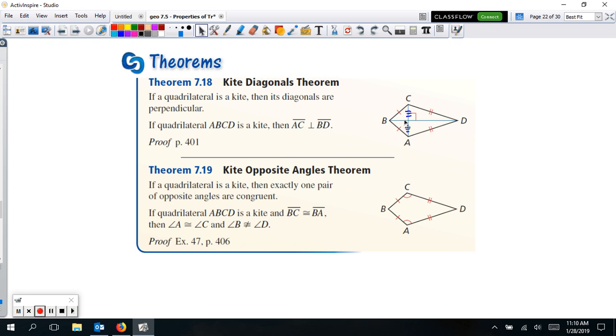This BD diagonal will bisect the AC diagonal. So that means that these will be congruent. So you can mark that there on your paper, that these here will be congruent to each other. So if you know this side, it's the same on this side.